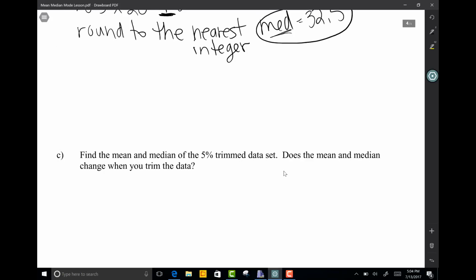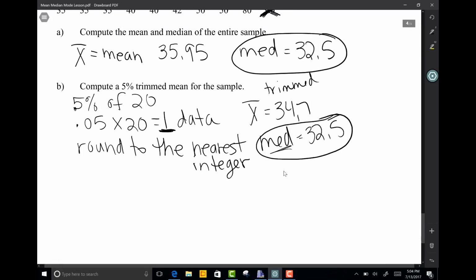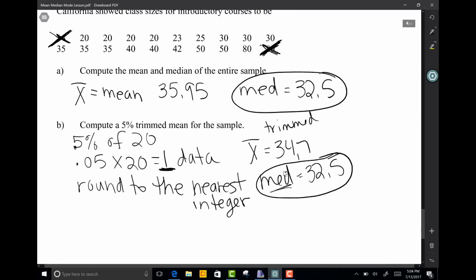Also notice, let me scroll back up, also notice that when we trim off the lowest and the highest value, my mean and my median are closer together. These are further apart when we add those lowest and highest values in there. And then when we take them off, the mean and the median get closer together.